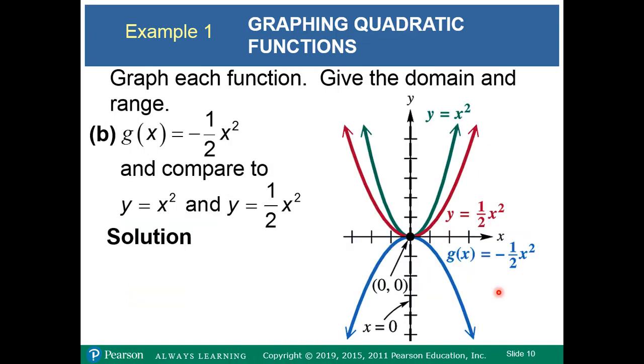Now, again, for each graph, we're going to give the domain and the range. So here we have g. g is negative 1/2 x squared. So it opens downward, so it's got to be this one right here. Okay, negative 1/2 x squared. And we're going to compare to x squared and 1/2 x squared.